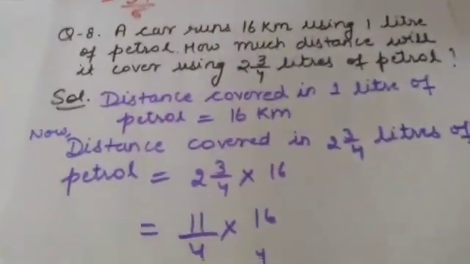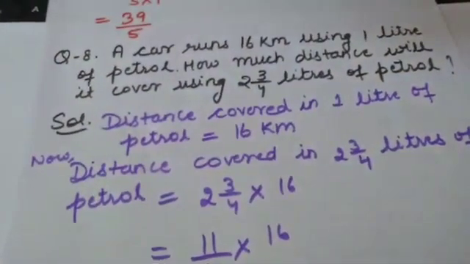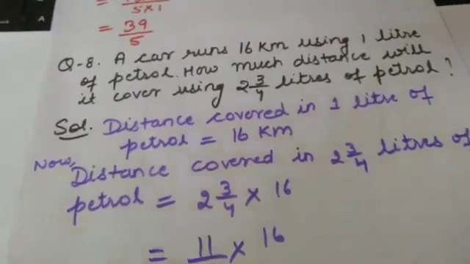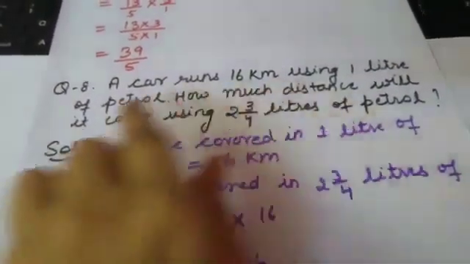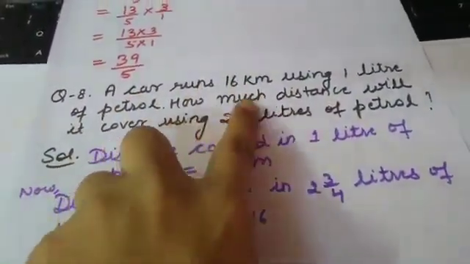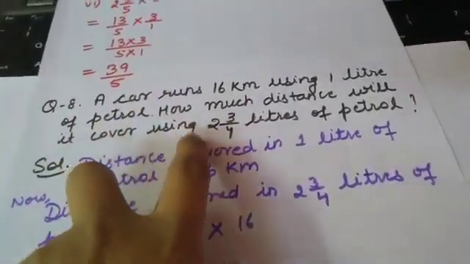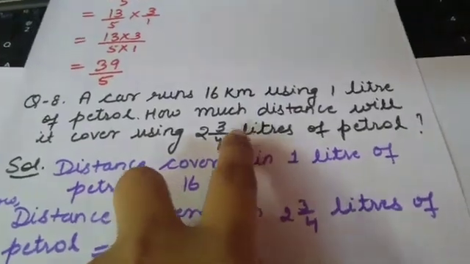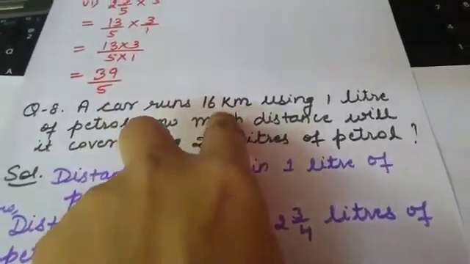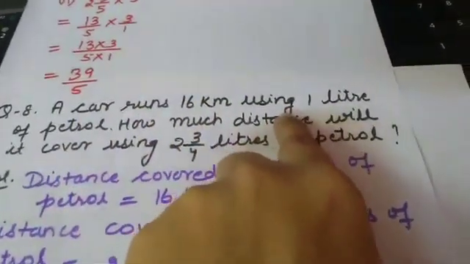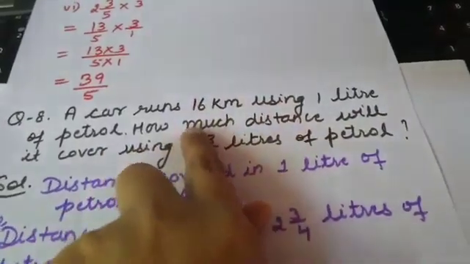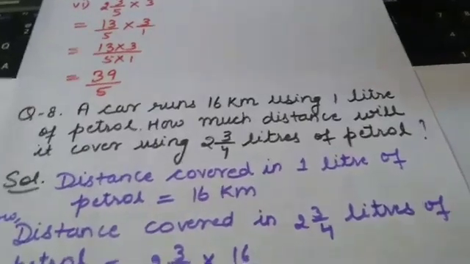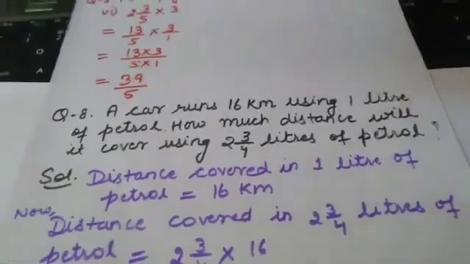Now question number 8 of the same exercise 2.3. A car runs 16 km using 1 liter of petrol. How much distance will it cover using 2 whole 3 by 4 liters of petrol? Now the question is given: a car runs 16 km using 1 liter of petrol, and you have to find how much distance the car will cover using these liters of petrol.